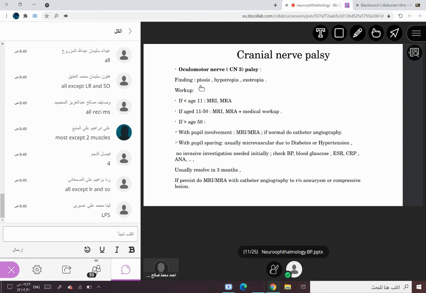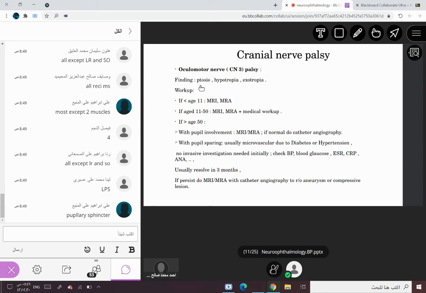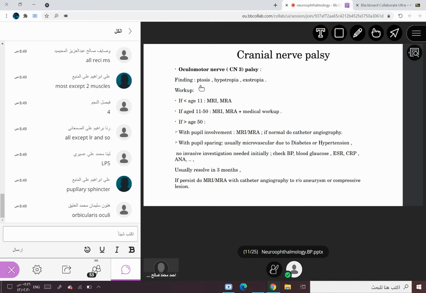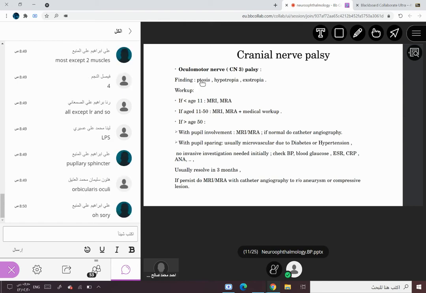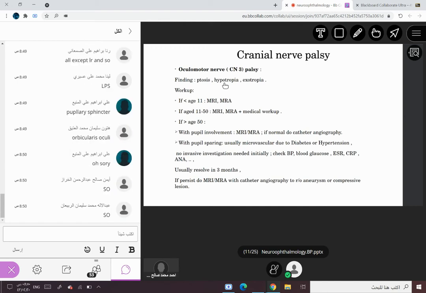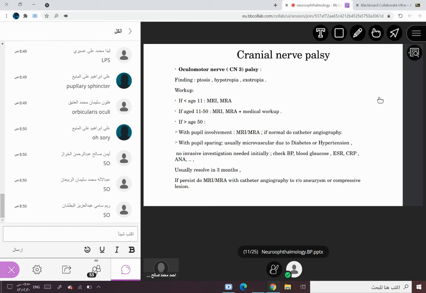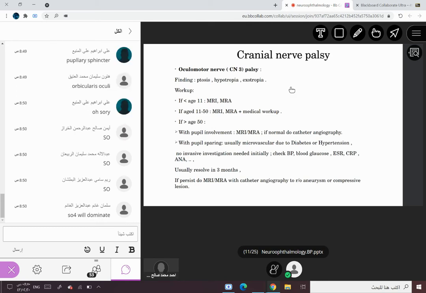Why ptosis? Yes, because of the levator palpebrae. Correct. Why hypotropia? Because of overaction of superior oblique.